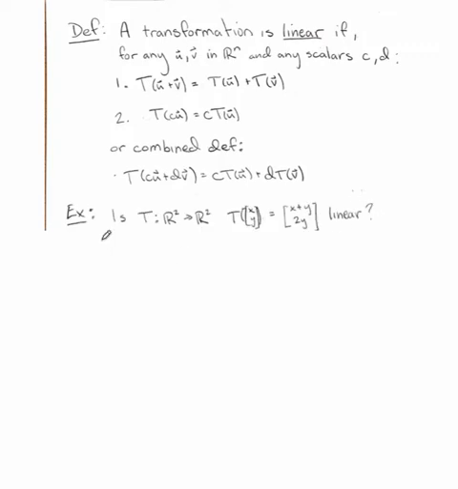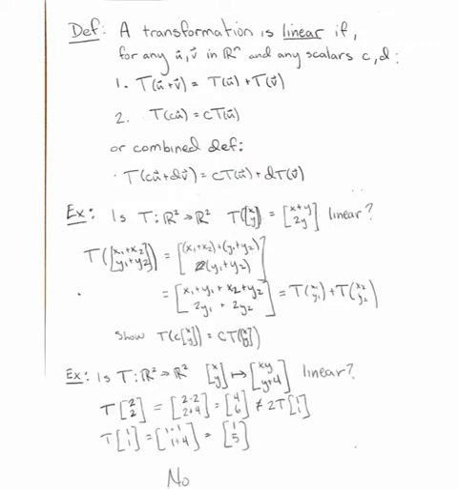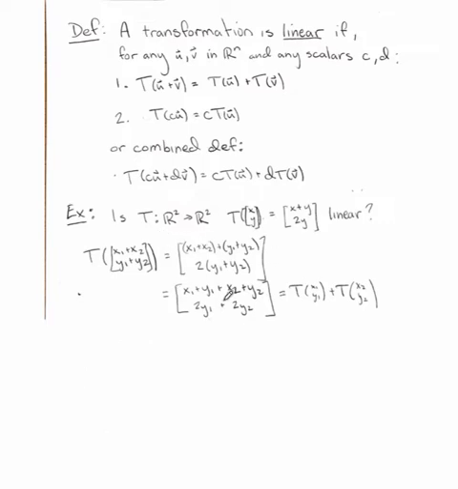So for example, take T from R2 to R2, where T(x, y) is equal to (x + y, 2y). Is that linear? Let's look at T(x1 + x2, y1 + y2). It's like I've got two vectors now instead of just a generic (x, y): the vector (x1, y1) and the vector (x2, y2).